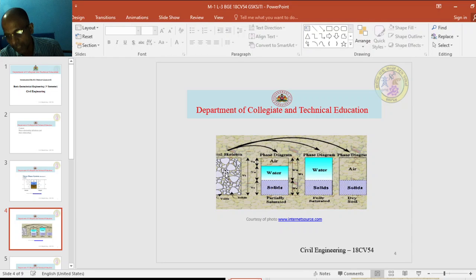That means during the rainy season the voids are occupied by water, or if saturation or submerging takes place, it is occupied by water. Therefore, it is a fully saturated two-phase diagram. During summer, evaporation of water from the void space takes place, or some draining out of water from the void space will lead us to a two-phase diagram with fully dry soil.